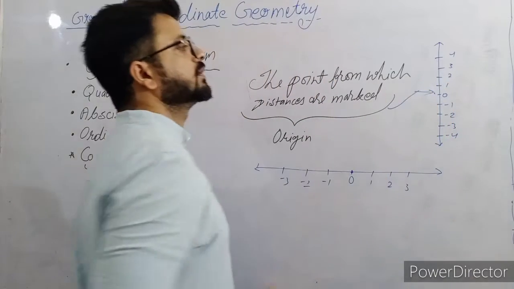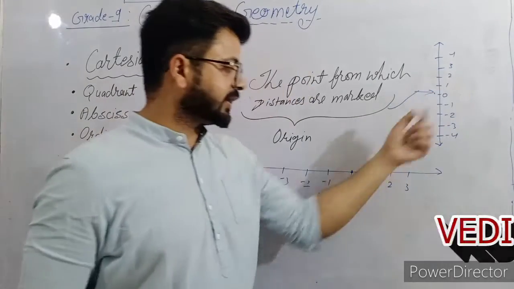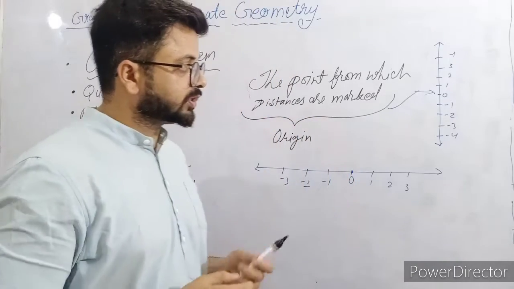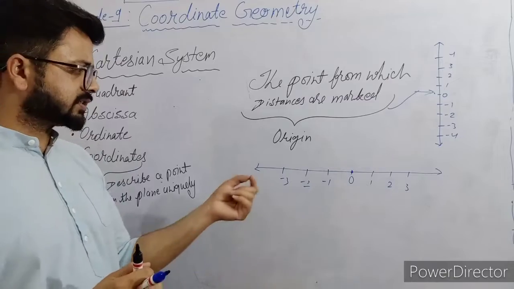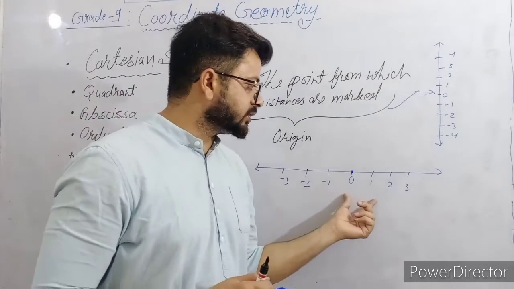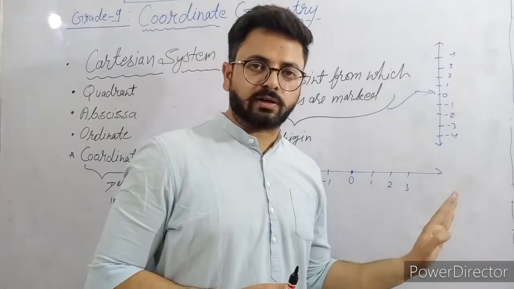This part is also the origin. So a number line can be vertical and horizontal, we have drawn it in two ways. This is coming from grade 5, and all of you know it very well.